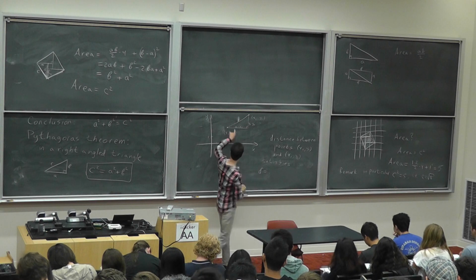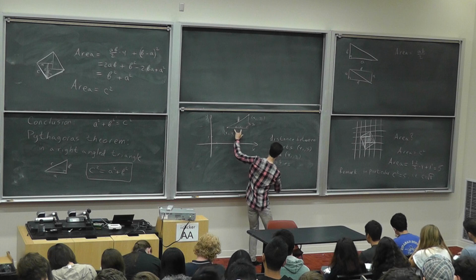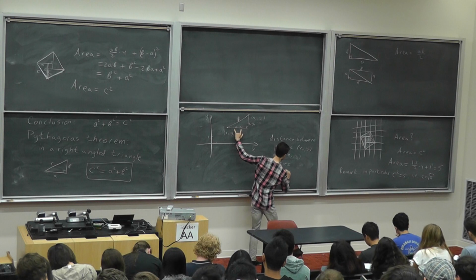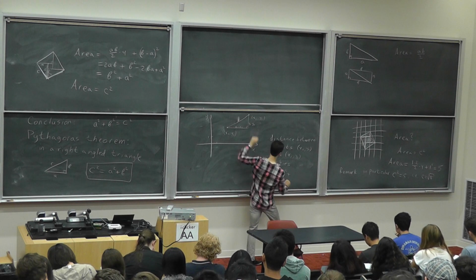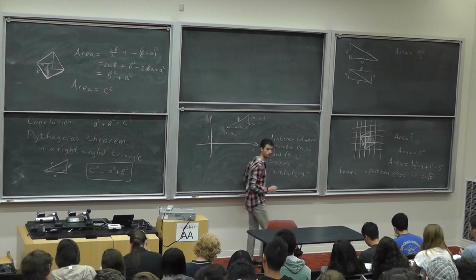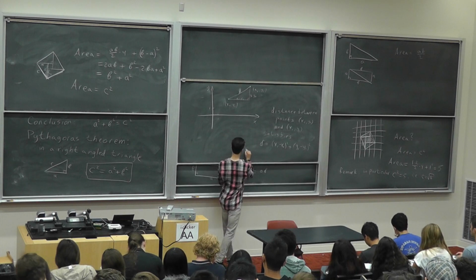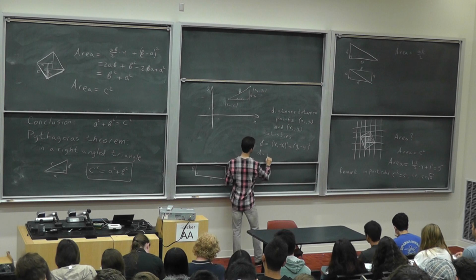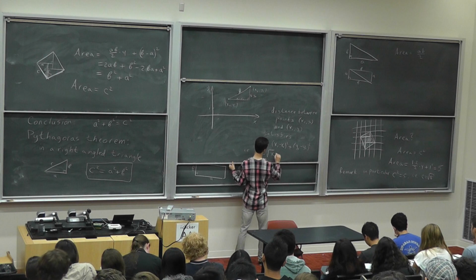D squared is this thing squared, x1 minus x0 squared, plus y1 minus y0 squared. I.e., the distance is the square root of this thing.